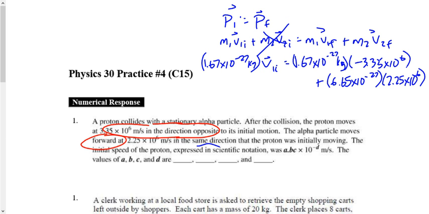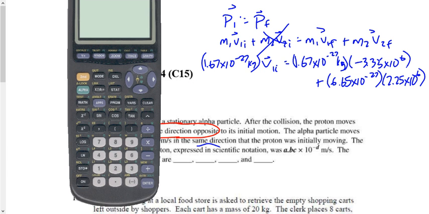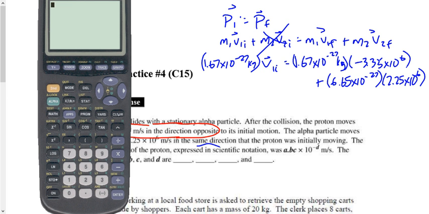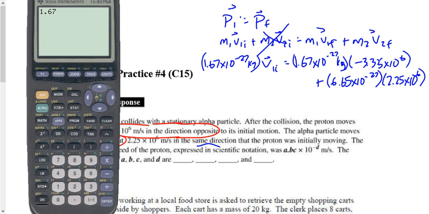All right, now let's do this together on the calculator. Let's do the right-hand side, 1.67. Watch what I'm going to do here with the exponent, okay? Here's what I see a lot of people doing for 1.67 times 10 to the negative 27. They say 1.67 times 10 to the negative 27.